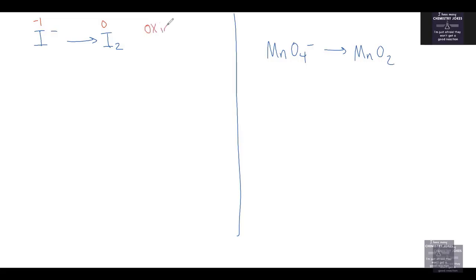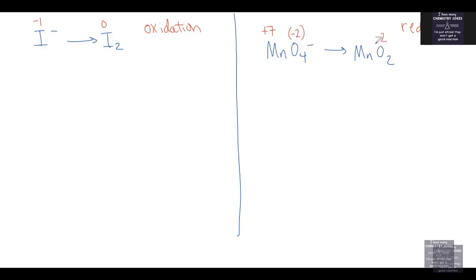So this is my oxidation half reaction. Must mean this is my reduction half reaction, and we can guarantee that by double checking our charges. Oxygen is a -2. -2 times 4 will give me a total of -8 from the oxygens. Manganese must be a +7 in order to counterbalance the -8 and give me a -1 charge overall.